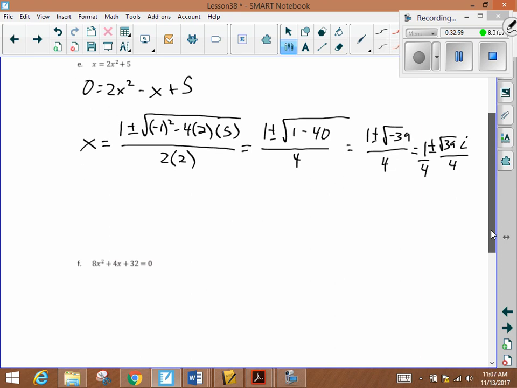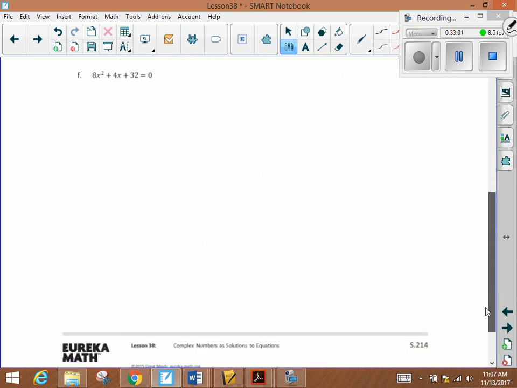Last one, just to see if something more interesting happens. I'm not sure that anything will. So this will be x equals negative b plus or minus the square root of b squared minus 4 times a times c. So this is going to be a really big negative number, right? All over 2 times a.